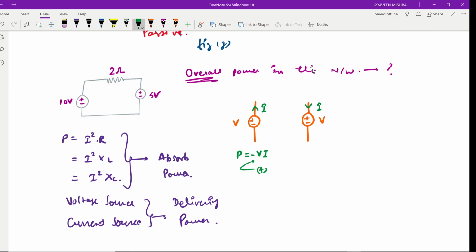If we apply KVL, you can consider this one as a network, and what will be the power? If we are considering this positive to minus, then minus VI will come.